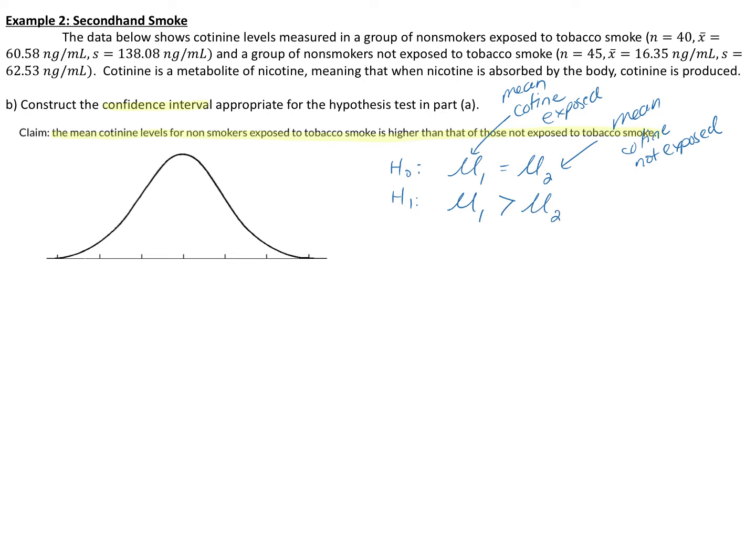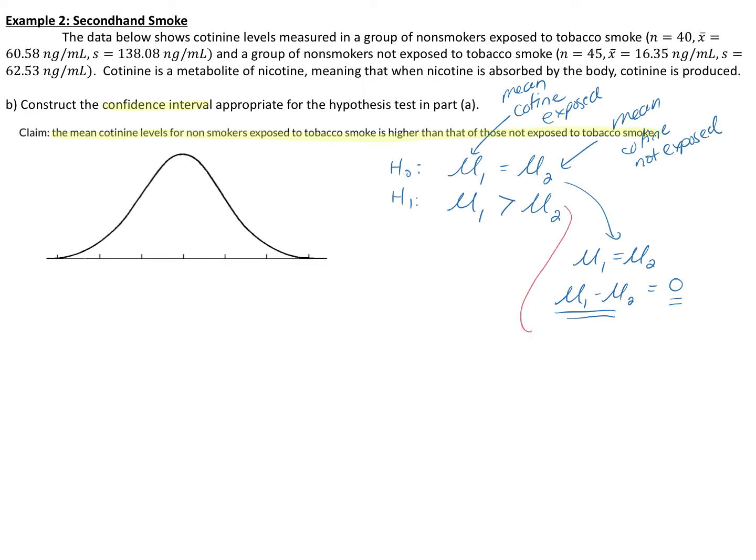So let's take a look at the null hypothesis real quickly. If mu1 is in fact equal to mu2, so if this is true, then when we look at the difference, mu1 minus mu2, that difference would equal 0. So if the difference between the two cotinine levels is 0, then that means that the cotinine levels for the two groups are actually the same.